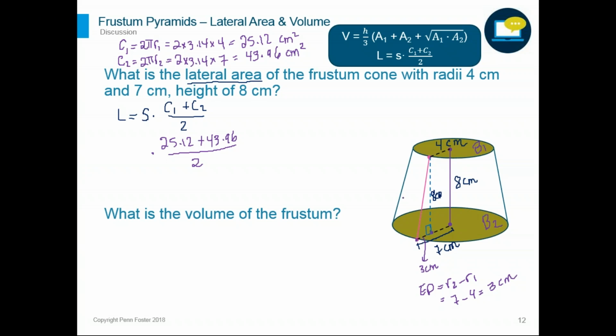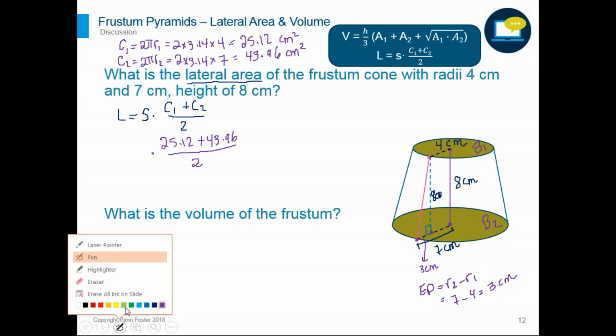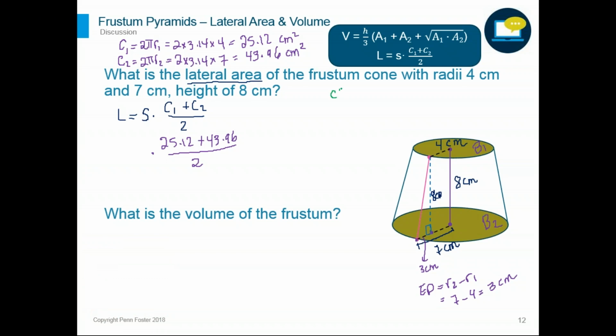Right away, we're going to use the special formula for right triangles, which is the Pythagorean theorem. c squared equals a squared plus b squared. c is the hypotenuse, which is the slant height we need. So c squared is the unknown, equals a squared. Let's say a is 3, so 3 squared, plus b, the height, 8 squared.